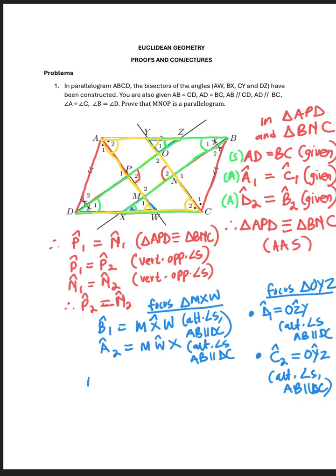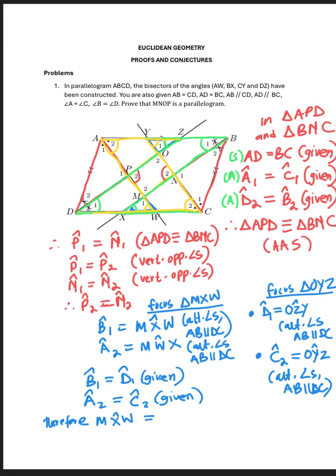Angle B1 is equal to angle D1. This is given. And the other thing is that angle A2 is equal to angle C2, also given. Therefore, where I see B1 I replace with MXW, where I see D1 I replace with OZY.